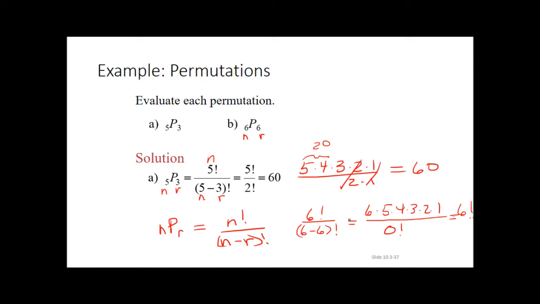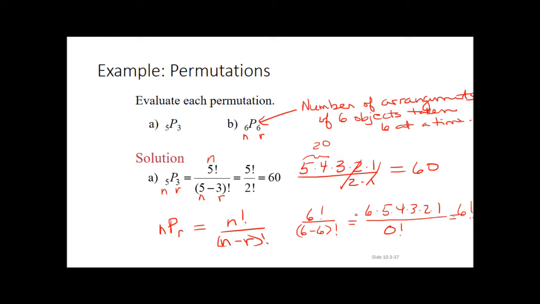Now that makes sense though, doesn't it? Remember we said 6 factorial is the number of arrangements of 6 objects if you use all of them. And that's exactly what 6p6 represents, the number of arrangements of 6 objects taken 6 at a time, so all of them.